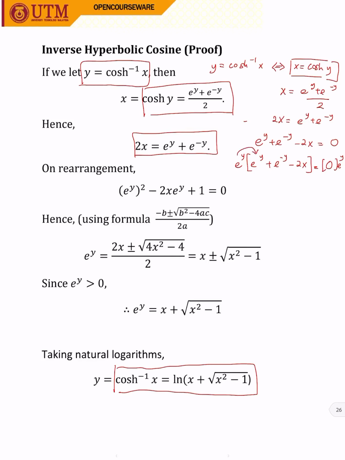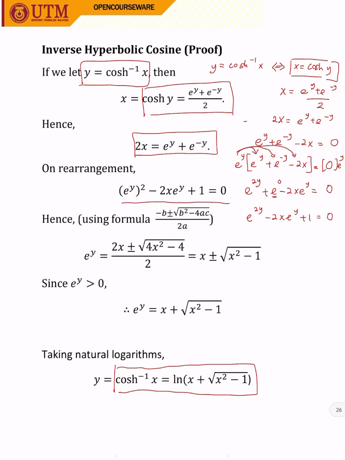So this one e^(2y), this one plus e^0, y minus y is zero. Then we get minus 2x e^y, and zero times e^y is zero. e^0 is basically equal to 1. So e^(2y) minus 2x e^y plus 1 equal to zero.